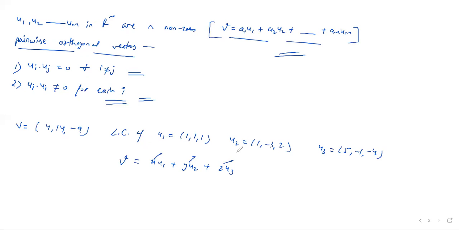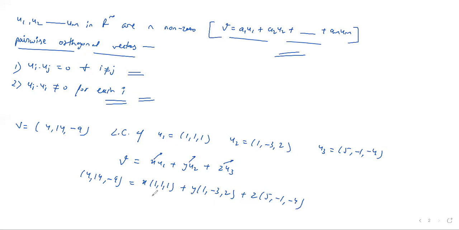Okay, so if we do this normally, then we have to solve three equations. We get these three equations by putting in the values here: (4, 14, minus 9) equals x times (1, 1, 1) plus y times (1, minus 3, 2) plus z times (5, minus 1, minus 4).